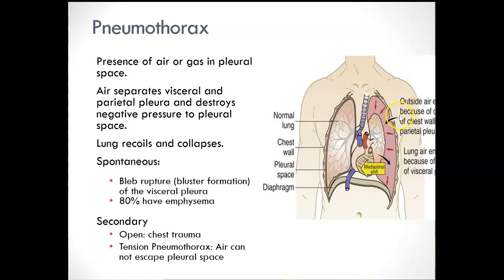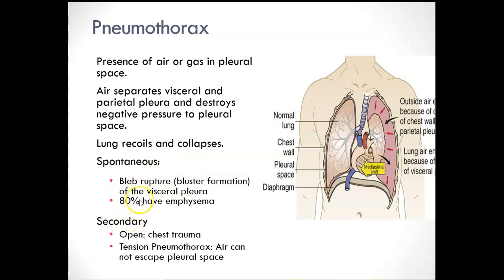Let's say a broken rib pokes into the lung. What happens is it lets outside air enter, and that squeezes the lung down. The lung recoils into its lung space and collapses, meaning that it can't fill with oxygen and breathe.